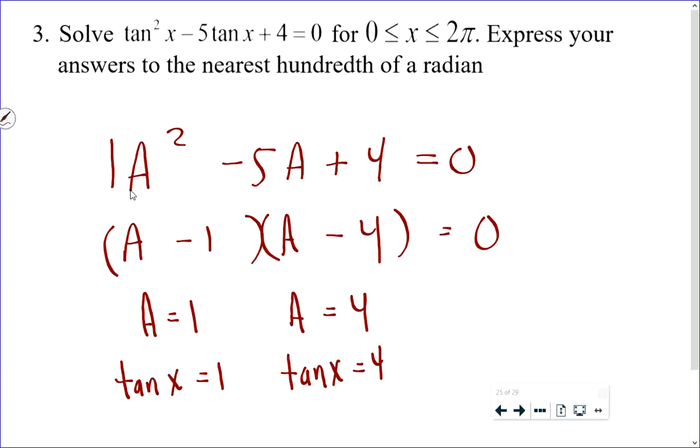I want everybody just to think about which quadrants tangent will be positive in. Tangent is y over x. Right? 1 and 3. 1 because x and y are both positive, so when you divide y by x, you get a positive tan. 3 because x and y are both negative.